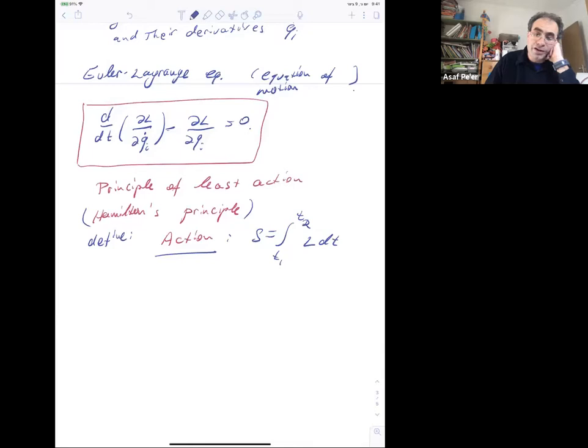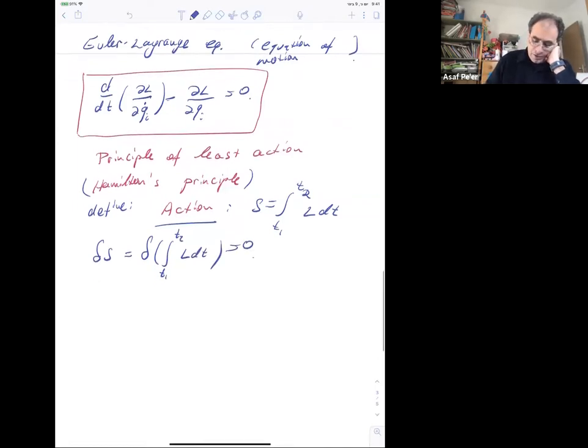And the principle of least action states that delta S, a small variation in S, as we take the integral path from the location of the particle at t1 to the location at t2, has to be minimum. So when we take delta of the integral from t1 to t2 of L dt, it needs to be equal to 0, right? So delta S is a small change in action, meaning that the action needs to be at a minimum, right?